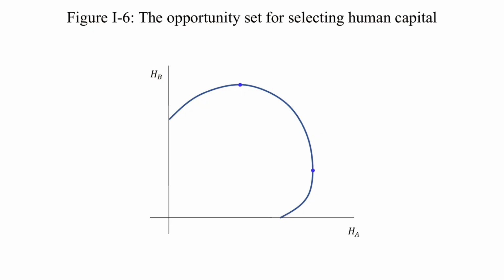You can see there's some downward sloping parts and upward sloping parts. In the upward sloping parts, there's opportunities. When you gain skill at one of the occupations, you also gain skill at the other. And we allow for that possibility. I think the interesting cases tend to be those where there's a trade-off. If I pursue more skill in one of these occupations, I'm going to end up getting less skill in the other occupation.